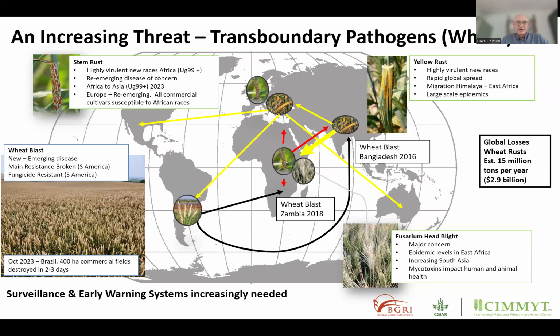This slide tries to summarize some of the emerging and current threats that we have globally: threats around stem rust, yellow rust, wheat blast, and also fusarium head blight. These are the diseases that I'll cover in this talk.